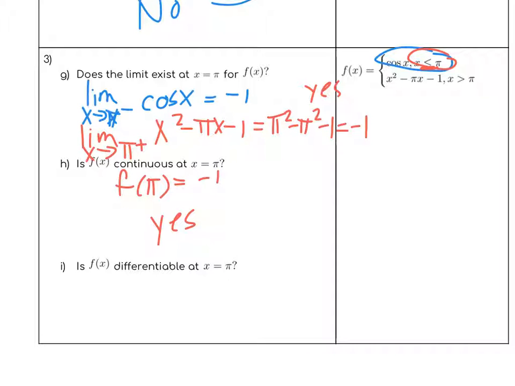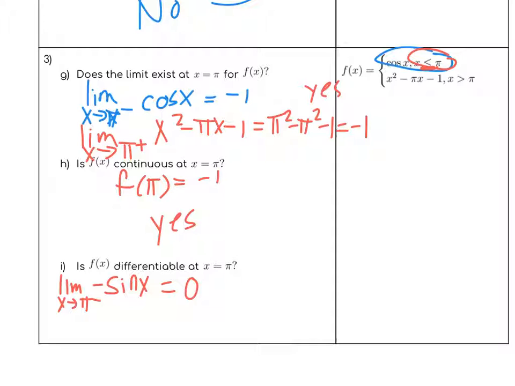For differentiable, we've got to take the derivative of both sides. So the derivative of cosine of x is going to be negative sine of x, and the limit as x approaches pi from the left for that guy is going to be 0.